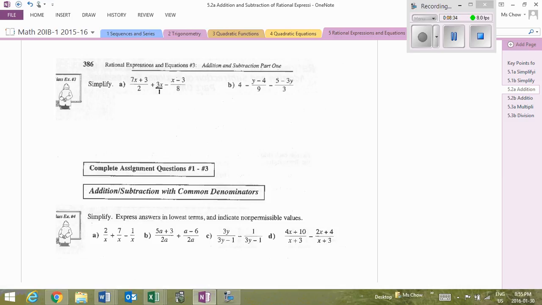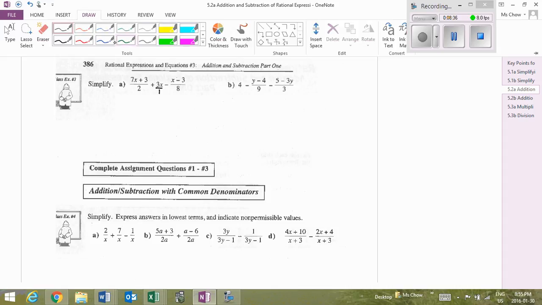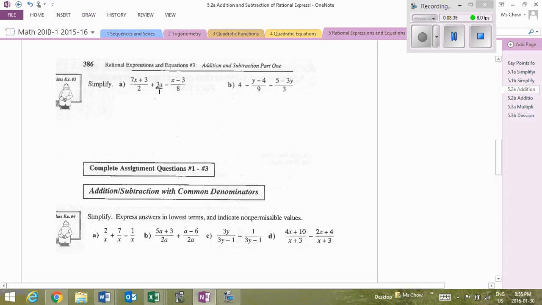So taking a look right here, we have then top and bottom, because our common denominator is going to be 8 here, top and bottom by 4, so 4 times 7x plus 3, and plus top and bottom by 8, so 8 times 3x, and then minus, and I'm subtracting that whole thing.